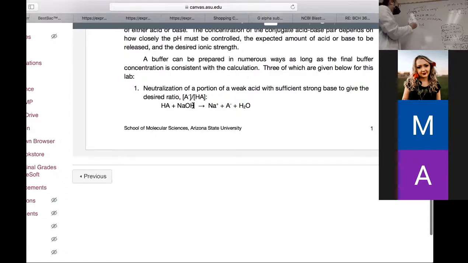You just use the final concentration of weak acid times the volume. That will give you the N for HA. Then times the molecular weight of HA, that will give you the mass. Same thing for the weak base: you use the weak base concentration times the volume, which is 50 ml. That will give you the N.